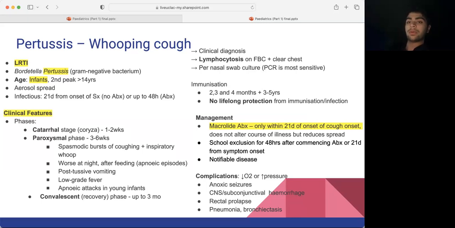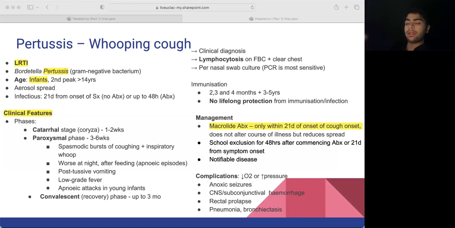And it's only within 21 days from the onset of the cough that whooping cough is contagious. So there's only any benefit to giving antibiotics if you give them within the first 21 days. And then it takes about 2 days after giving antibiotics for it to stop being infectious. So essentially, whooping cough is only contagious 21 days from the onset of the cough or 2 days after starting antibiotics. So I hope that's clear.